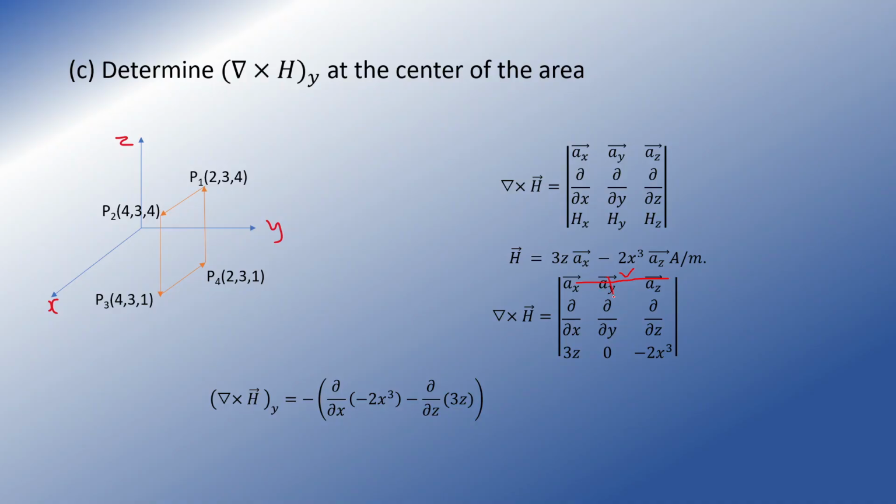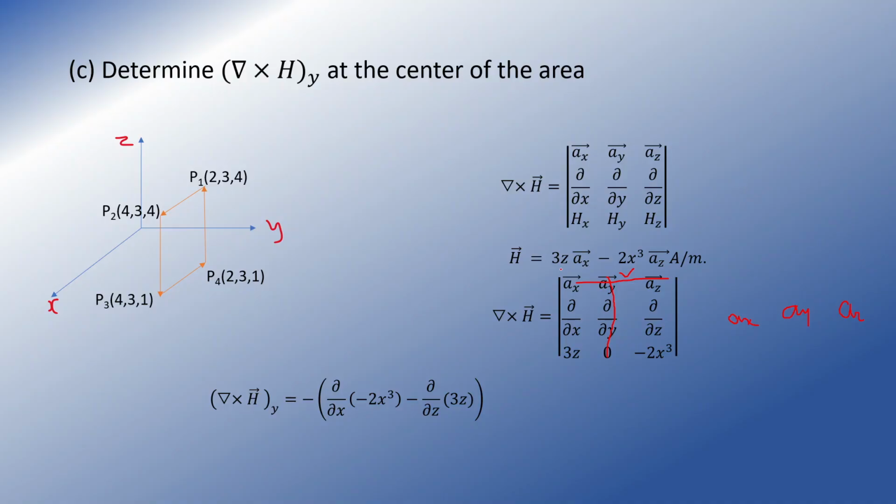So it is dou by dou x of minus 2x cube minus dou by dou z of 3z. This is what we have to find, because we are finding curl of H only for the y component. Once you solve curl of H, you get something into ax, something into ay, plus something into az. Out of which, what is curl of H of y?